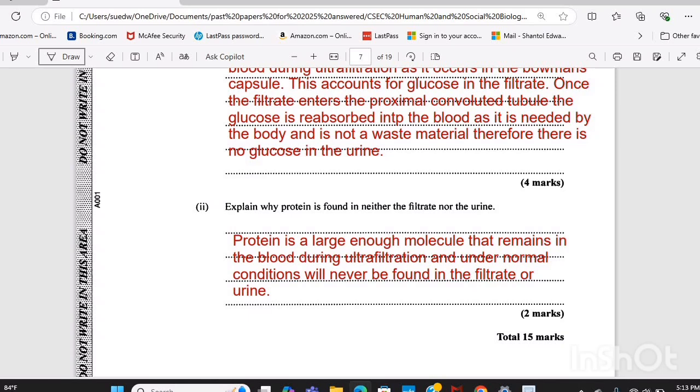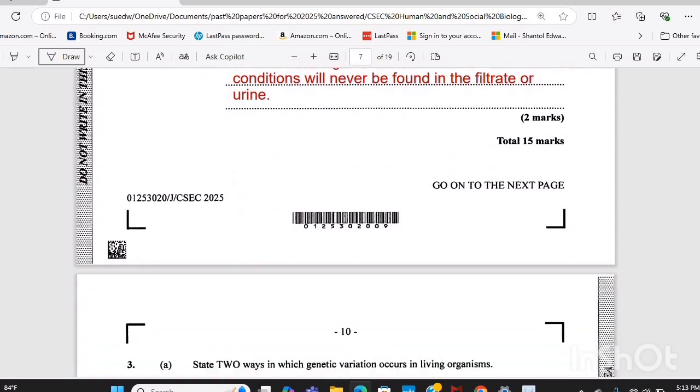Now, if you've ever done a urine test and they would have told you that protein is in your urine, it is usually a red flag that maybe something is off somewhere. So that's why your doctors would intervene and probably tell you measures to take. But protein under normal circumstances should not be found in our urines because it is too large of a molecule to be passed out of your blood during filtration. All right, that will give you 2 marks.